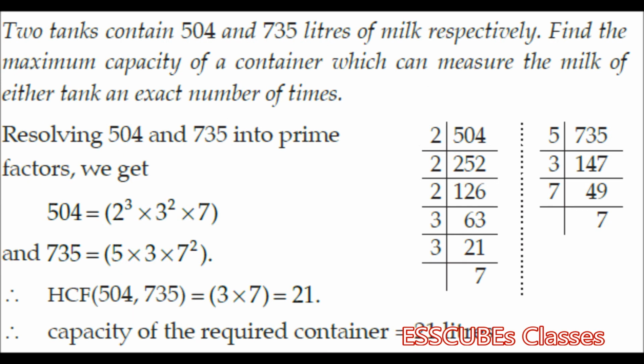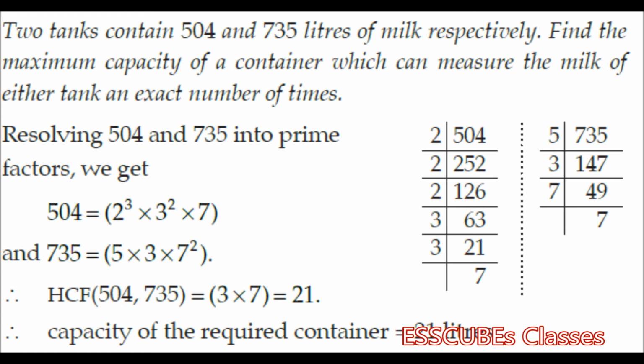The next question is on your screen. It says two tanks contain 504 and 735 liters of milk respectively. Find the maximum capacity of a container which can measure the milk of either tank an exact number of times. Now, since it is talking about maximum, that gives us a hint that we are talking about HCF, highest common factor.